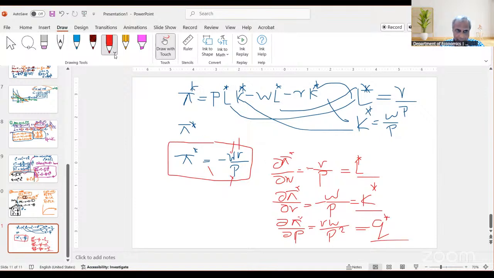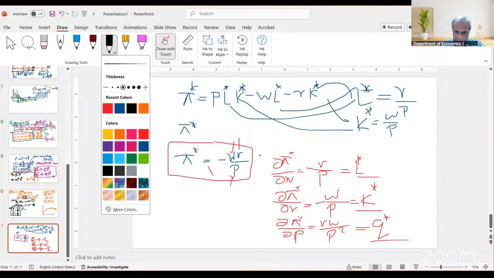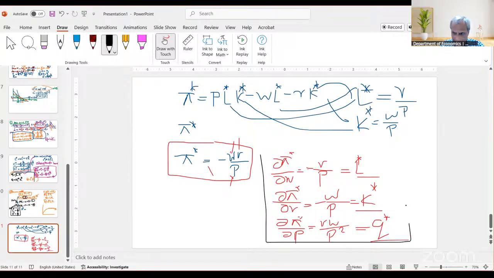This exercise, I'm going to mark here. What I mark here means that when you differentiate the maximum value profit function with respect to the parameters W, R, and P, we name it Hotelling's lemma.